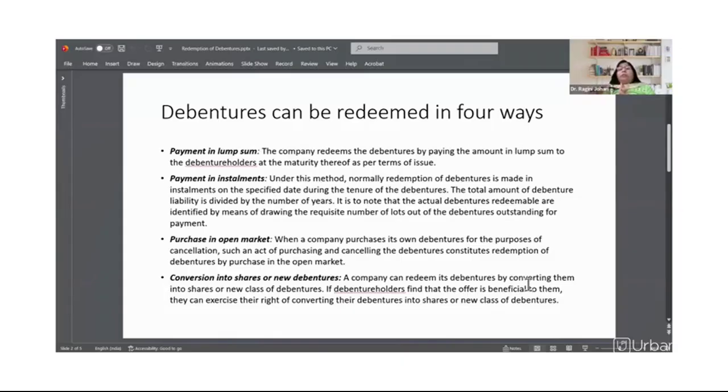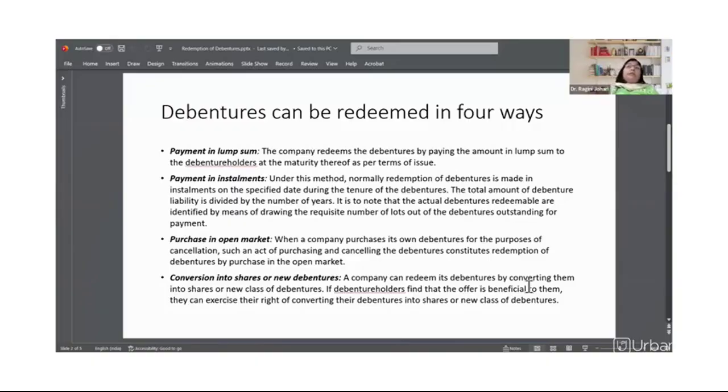Under this method, normally redemption of debentures is made in installments on specified dates during the tenure of the debentures. Right? For example, suppose the entire tenure of the debenture is 5 years, and the terms say that after the third year of the issue of debentures, the redemption starts in installments, in say equal 4 installments.